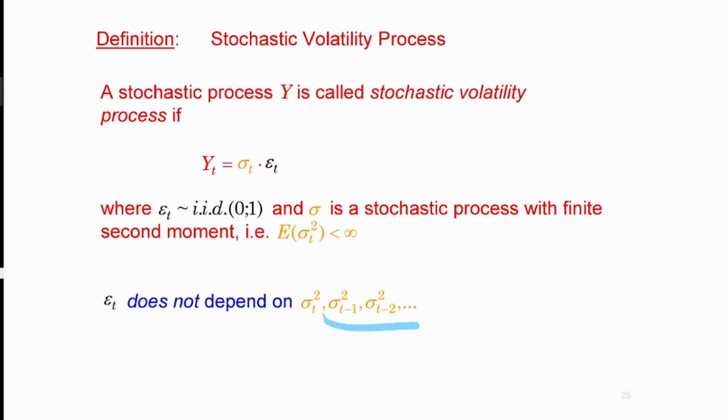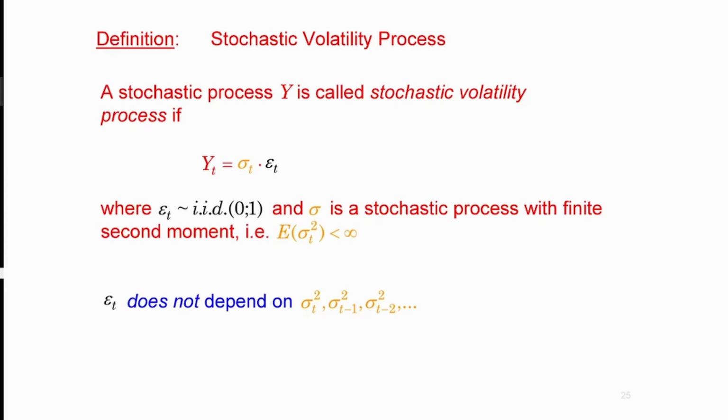This is the past of sigma, or sigma squared if you like. It doesn't really matter, because the two are equivalent. If you know what sigma is, you also know what the square of it is, and if you know the square, you also know what sigma is, because we assume that the process is not negative. Anyway, I forgot to mention that one.